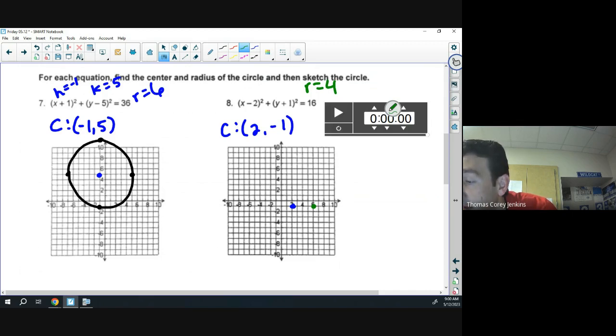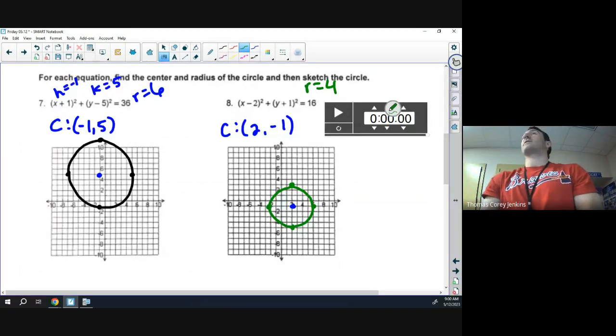Down 4 puts me at 2, -5. Left 4 puts me at -2, -1. Up 4 puts me at 2, 3. Okay. Missed my mark on that top one a little bit. Anybody have any questions? All right.